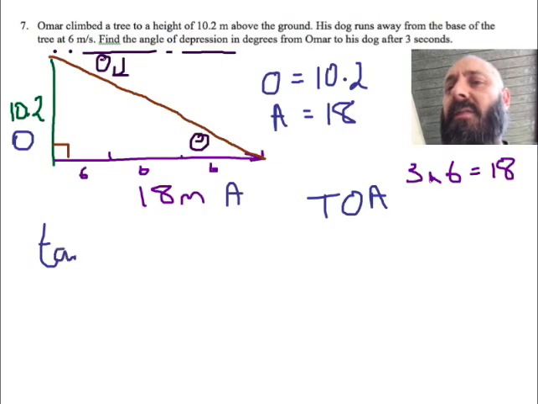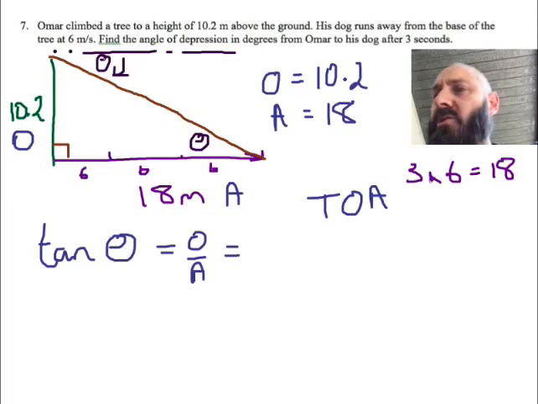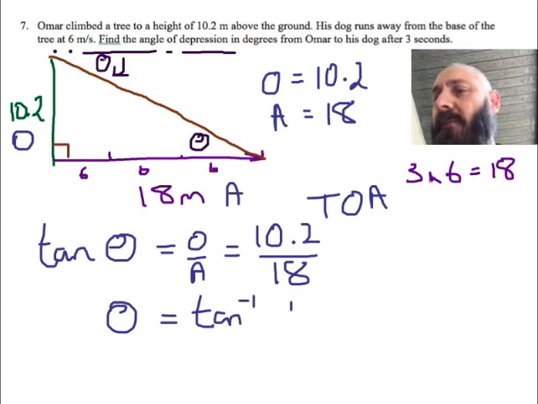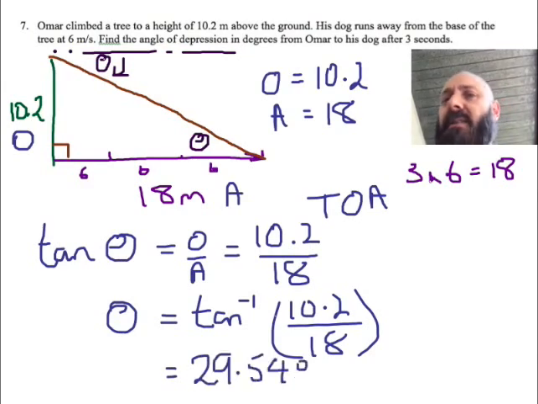So tan theta equals opposite over adjacent, which equals 10.2 over 18. Now use my anti-tan. Theta equals tan inverse of 10.2 over 18, which hopefully is 29.54 degrees. And we're done.